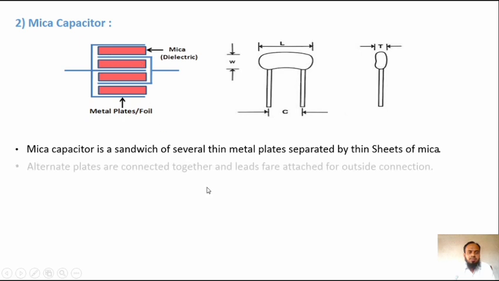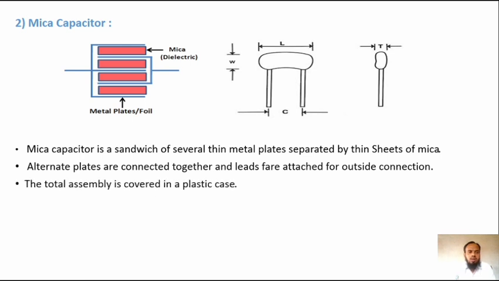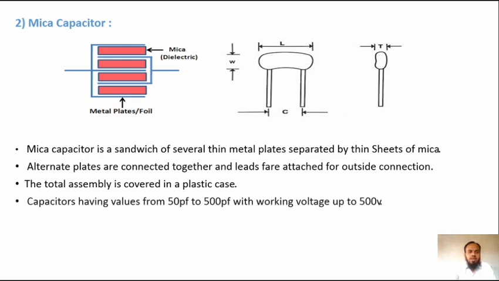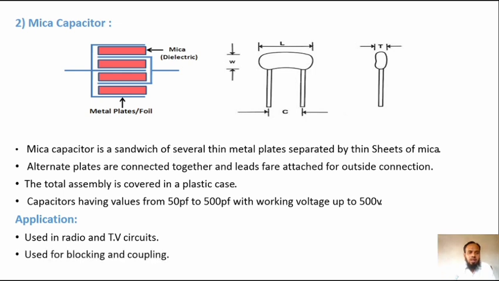Here alternate plates are connected together and leads are attached for outside connection. The total assembly is covered in a plastic case. These capacitors have values from 50 picofarad to 500 picofarad with working voltage up to 500 volts. And applications of mica capacitors are that they are used in radio and TV circuits, and also as blocking and coupling capacitors.